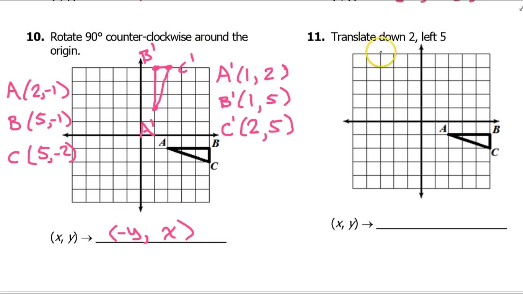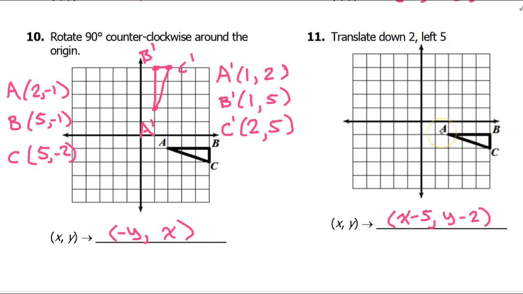Okay, this last one is a translation, down 2 and left 5. When I write the rule, I have to do the left 5 first because that's the x coordinate. So that's going to be x -5 because it's to the left, and down 2 means y values -2. Okay, but drawing the image is very straightforward. So we'll just take one point at a time, and we will go left 5, down 2.